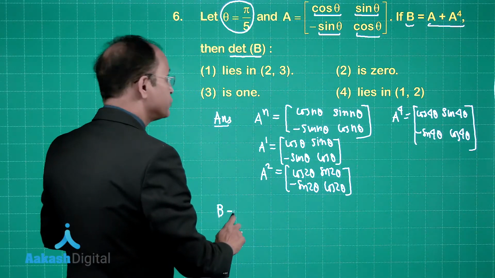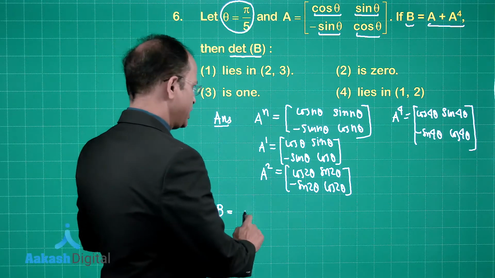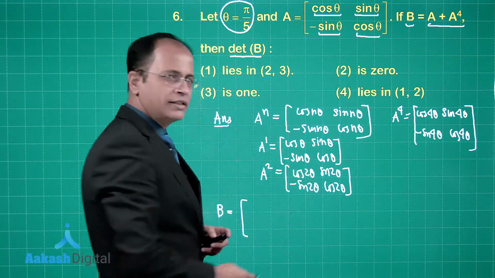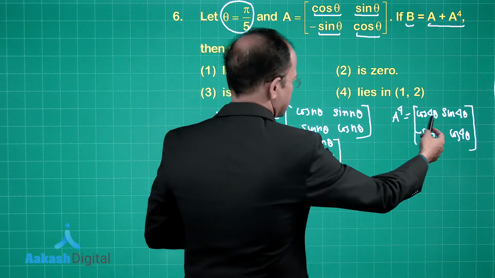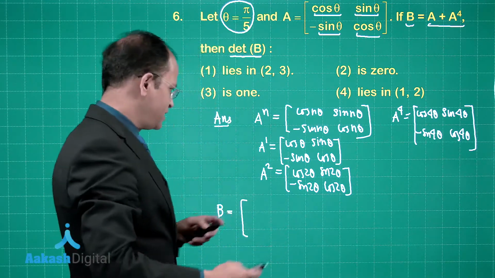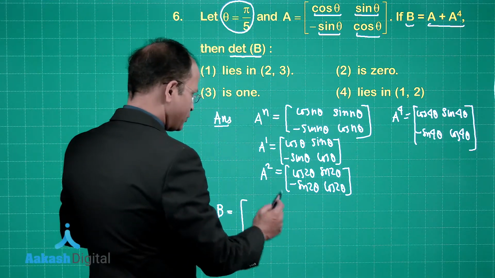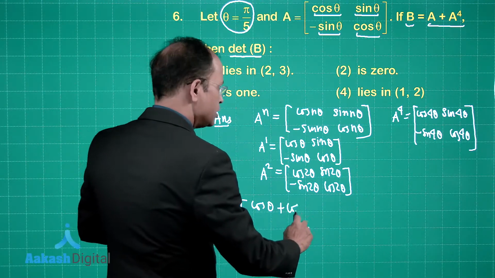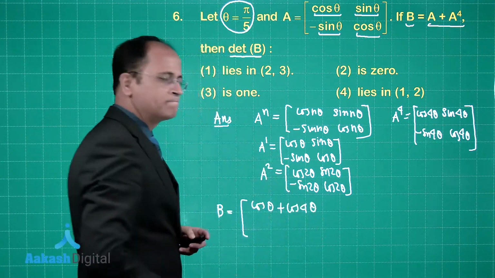So B is equal to, we have A. So A is what? We have been given cos theta, sin theta, minus sin theta, cos theta, plus this cos 4 theta, sin 4 theta, minus sin 4 theta and cos 4 theta. So we add it up. So once we add it up, what we get? We get cos theta plus cos 4 theta.